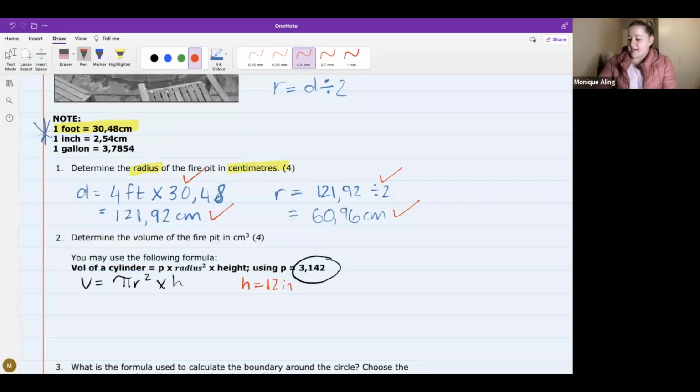So we've got the radius, we've just worked that out. So now we just need to work out the height, and then we can use the formula. Okay, so first step is let's convert the height to centimeters using our conversion factor at the top here. What do we get when we convert 12 inches into centimeters?